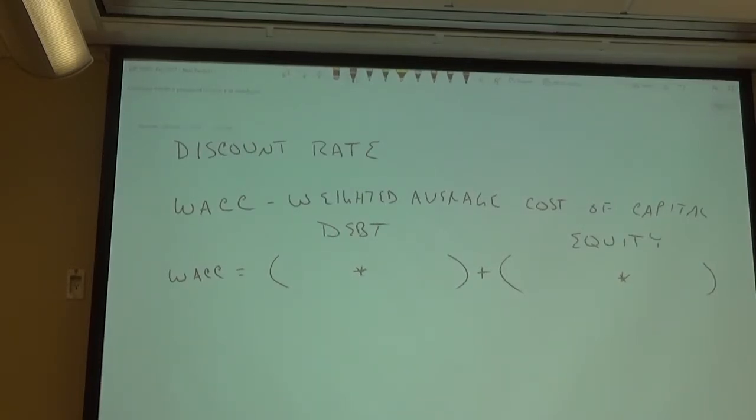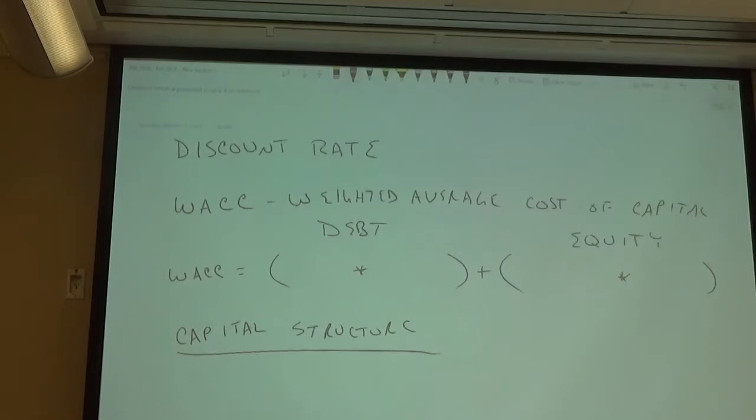And on the debt side, the first question that we need to address is what is going to be our capital structure. What I mean by that is, in other words, what's going to be our loan-to-value ratio.